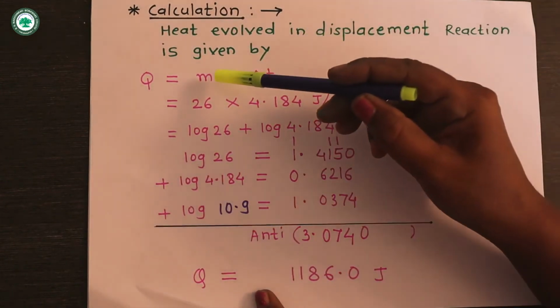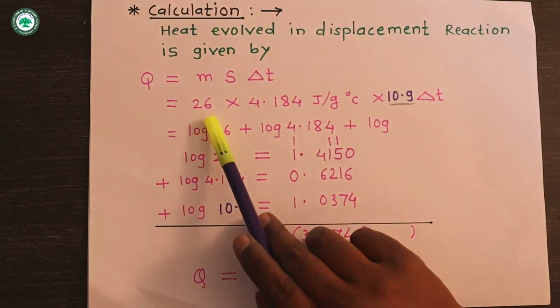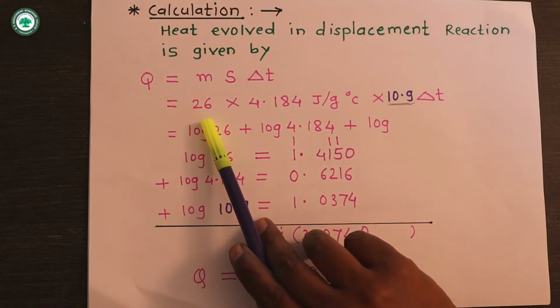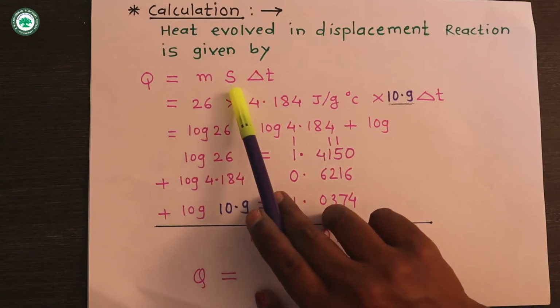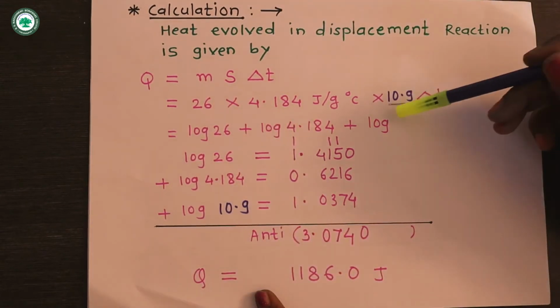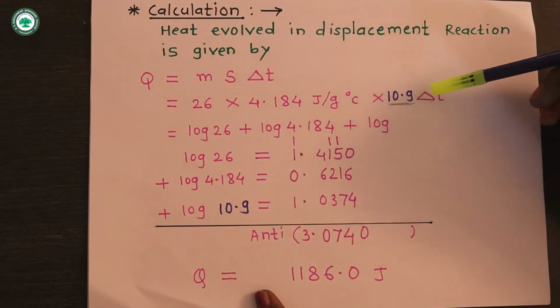Now the total mass of the solution: 25 ml copper sulfate solution is taken, and we have added 1 gram of zinc dust into it, so the total mass of solution will become 25 plus 1, that is 26. And here the specific heat capacity of water is 4.184 and delta T is 10.9.